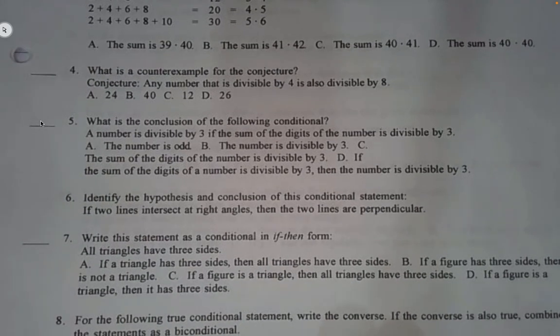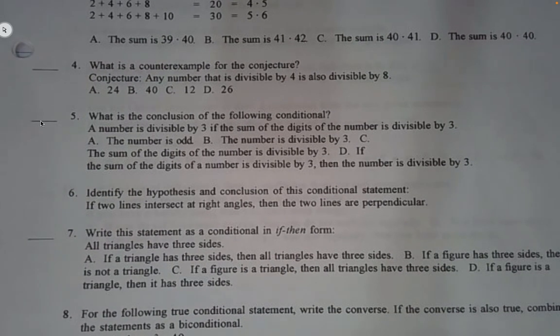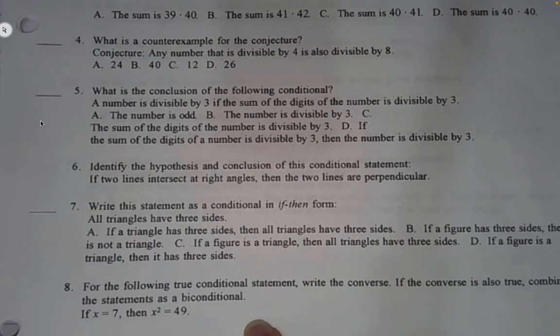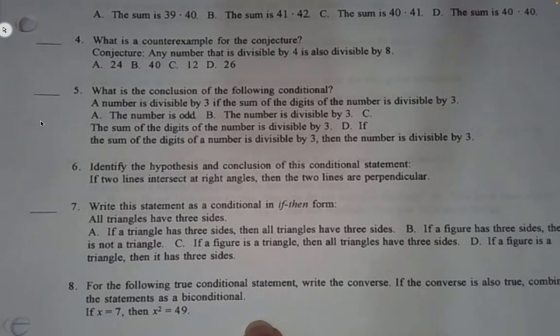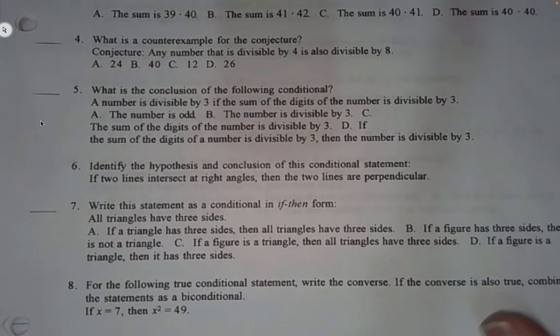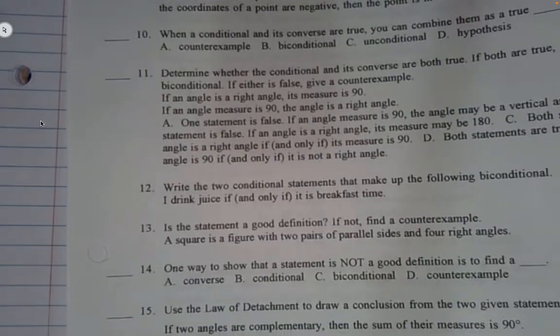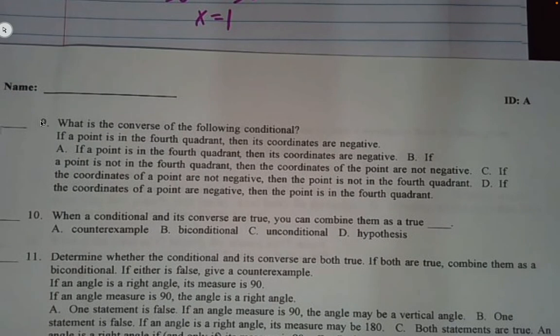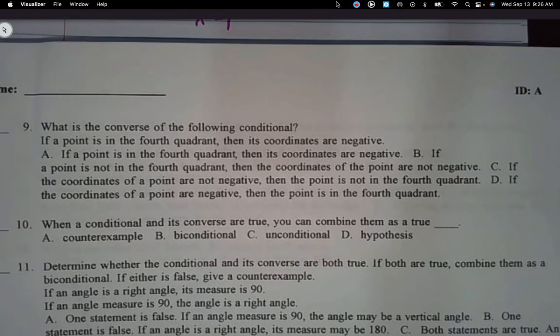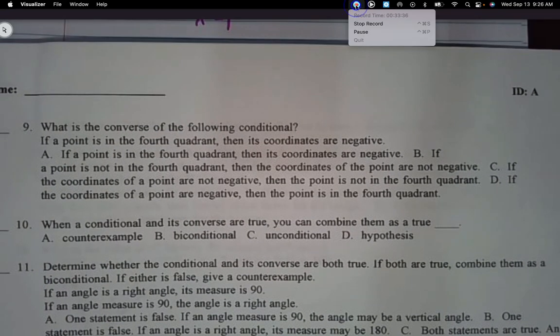Looks like number 8, and it's not multiple choice either. Is that okay? Number 4, number 8 is the same as the test, right? Mhm.